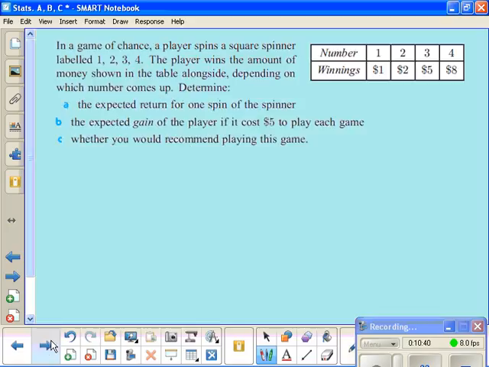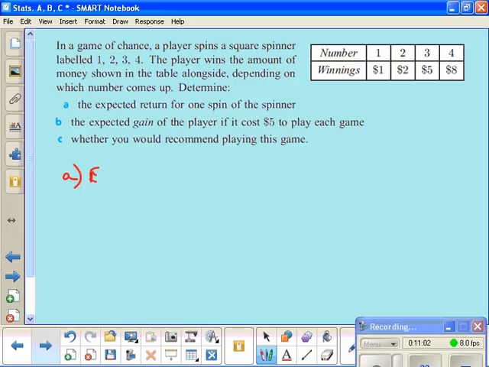And here's an example. In a game of chance, a player spins a spinner labeled 1, 2, 3, 4. The player wins the amount of money shown in the table depending on which number comes up. Determine the expected return for one spin of the spinner. So in doing so, all I would need to do is the expected value of y. Let's move over here.